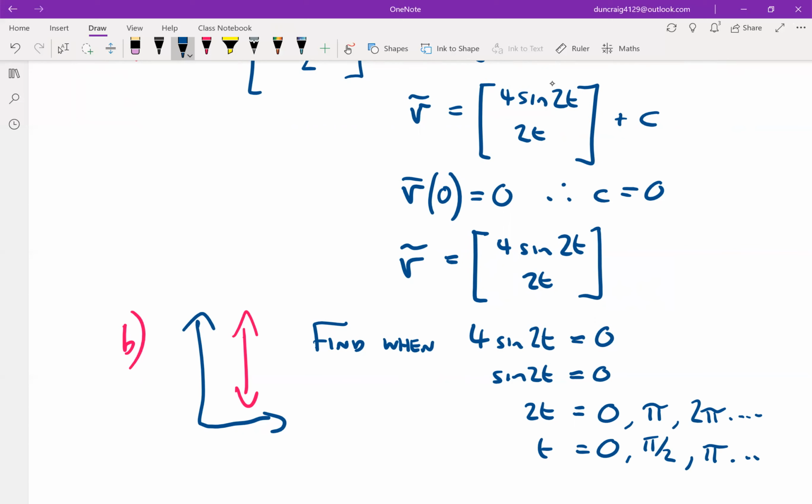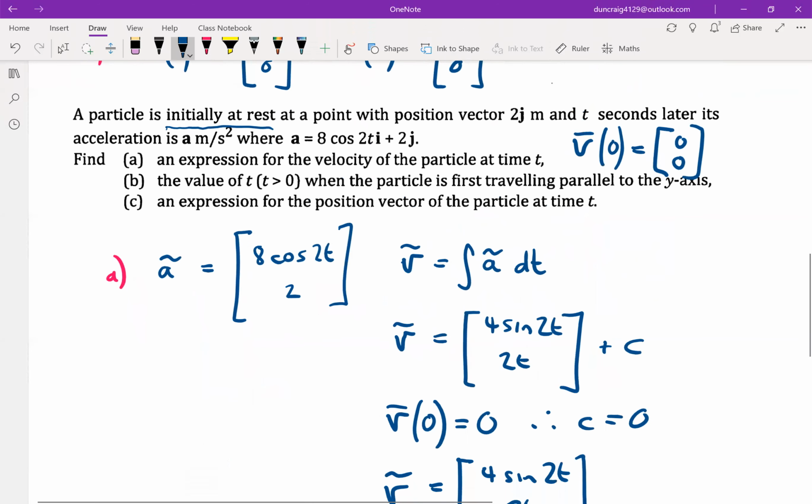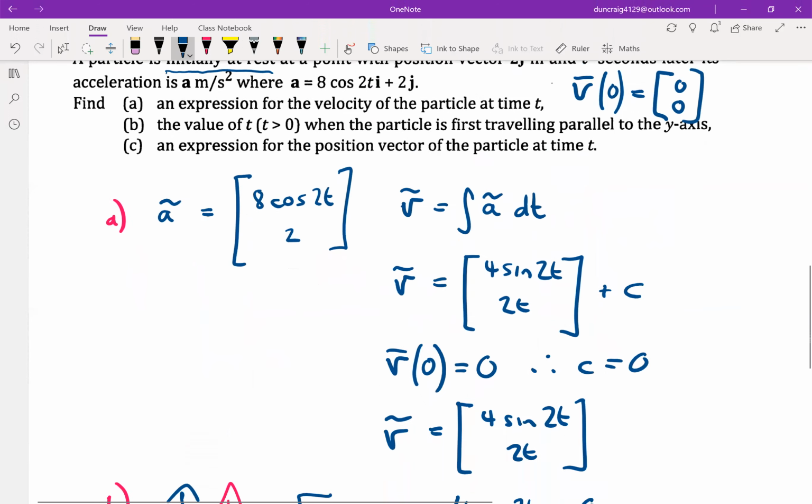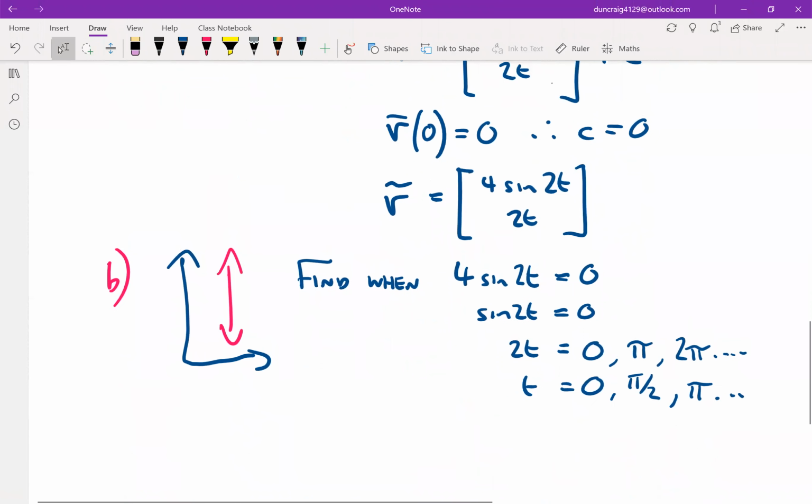Here it's asking for the value of t when the particle is first traveling parallel. Initially it is, but t has to be greater than 0, so therefore t must be equal to pi on 2.